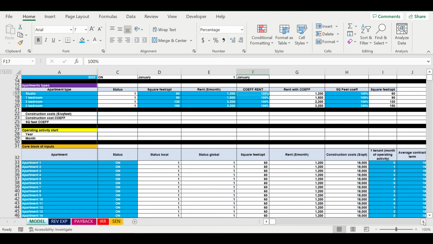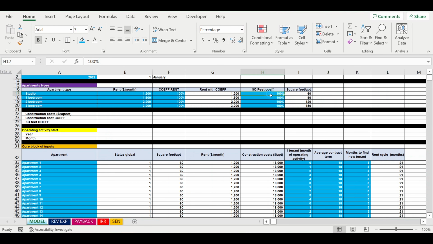Then we can add coefficients for the square footage of our different types of apartments. For example, we want to see what the financial efficiency will be if we build studios 30% higher in square footage than in our basic scenario. So there will be 78 square feet.